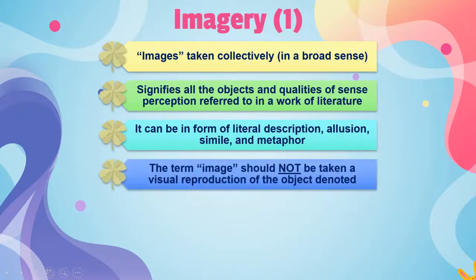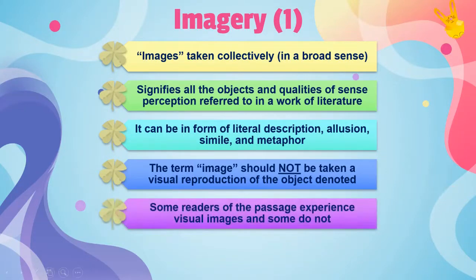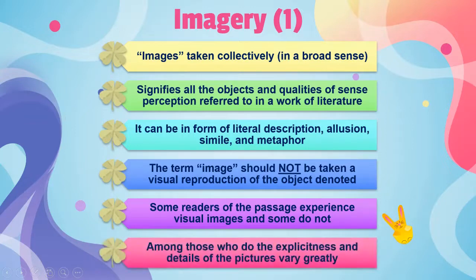The term image, therefore, in this kind of usage, should not be taken as a visual reproduction of the object denoted. It's more than that, that visualization. Why? Because some readers of the passage experience visual images and some do not. So we cannot just limit the definition in this sense, since the explicitness and details of the picture vary greatly.